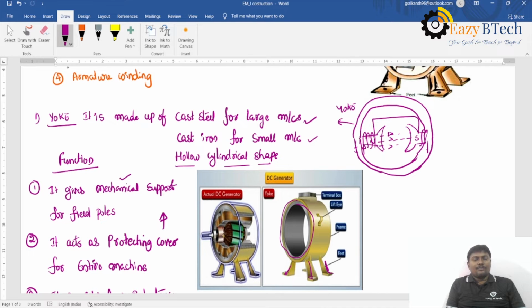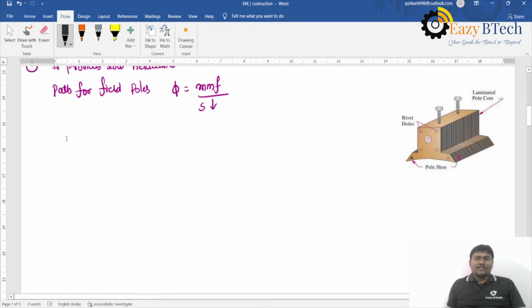Externally, the flux lines flow from north pole to south pole. Internally, they flow from south pole to north pole to complete the path. So the yoke should provide a low reluctance path; then only the maximum number of flux lines pass through it.